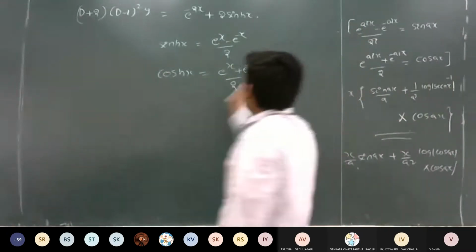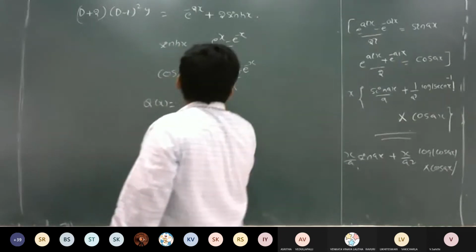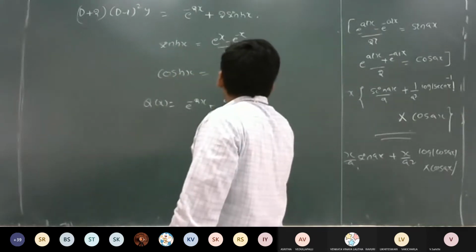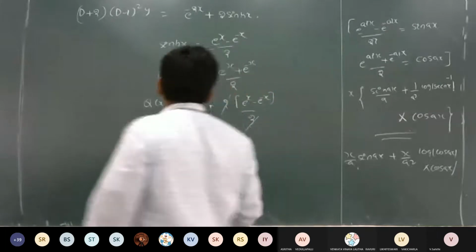So Q of x becomes e power minus 2x plus 2 into (e power x minus e power minus x) by 2. So this cancels.